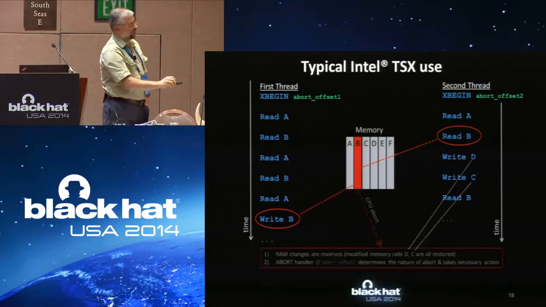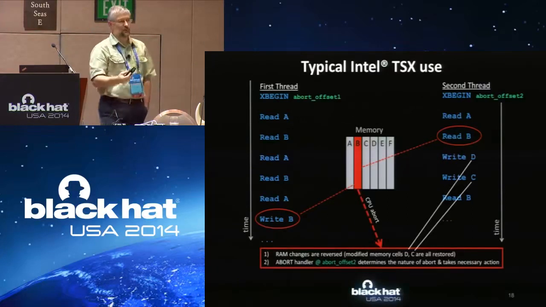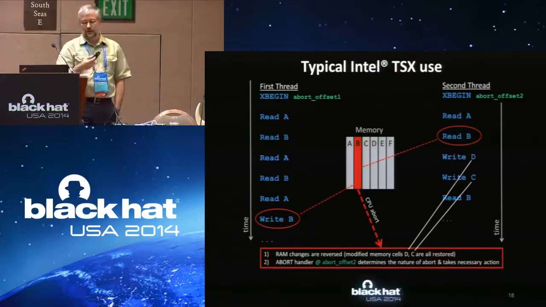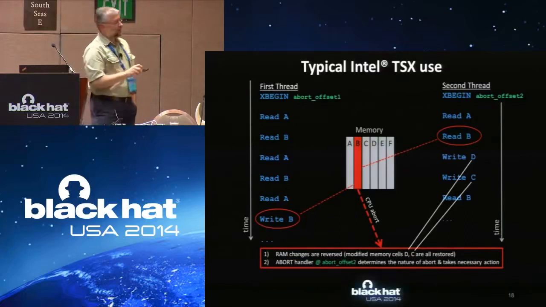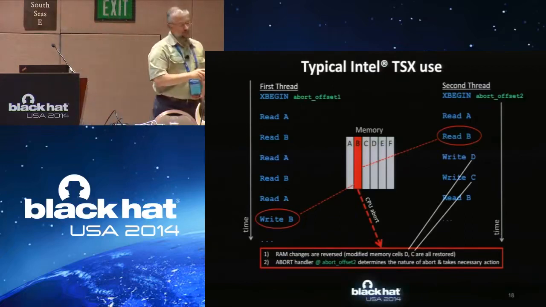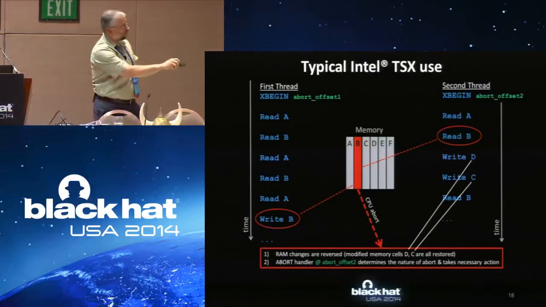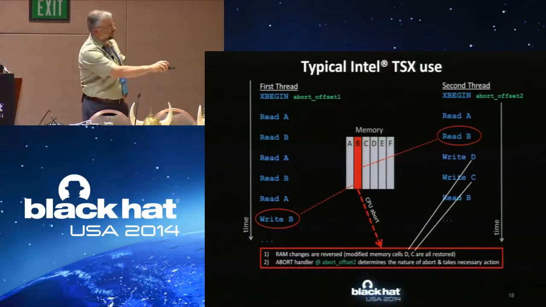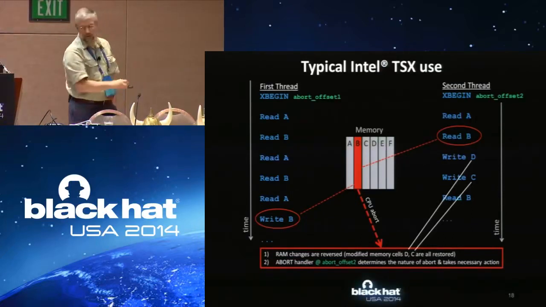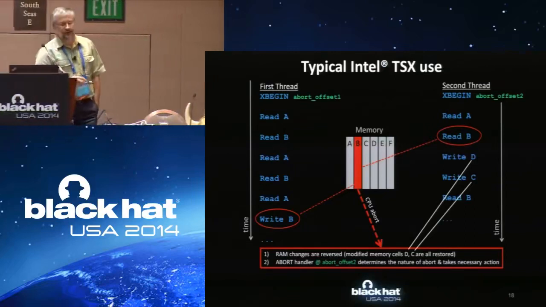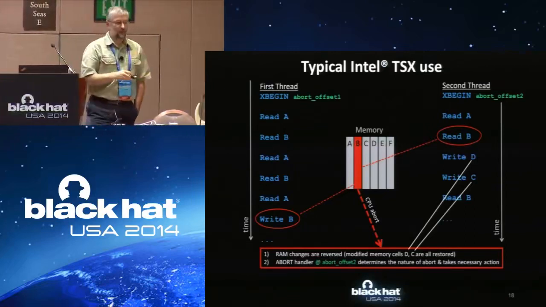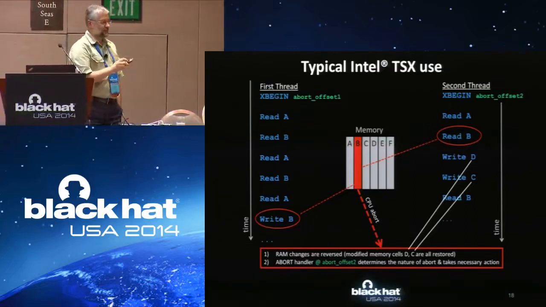So at this point, immediately, the CPU in hardware generates a CPU abort. All the memory changes that were done by the second thread, all these writes to locations D and C are reverted, and they were not visible to other threads in the first place.